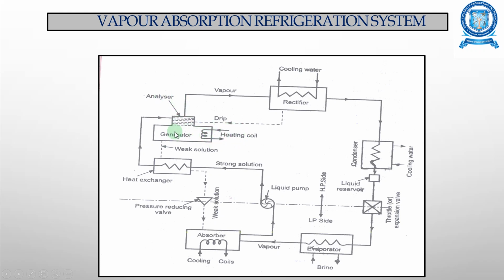You have the rectifier unit in which cold water is circulated, and the condenser unit in which the cooling water is circulated. You have the liquid reservoir and a throttle valve, and this layout shows the vapor absorption refrigeration system.